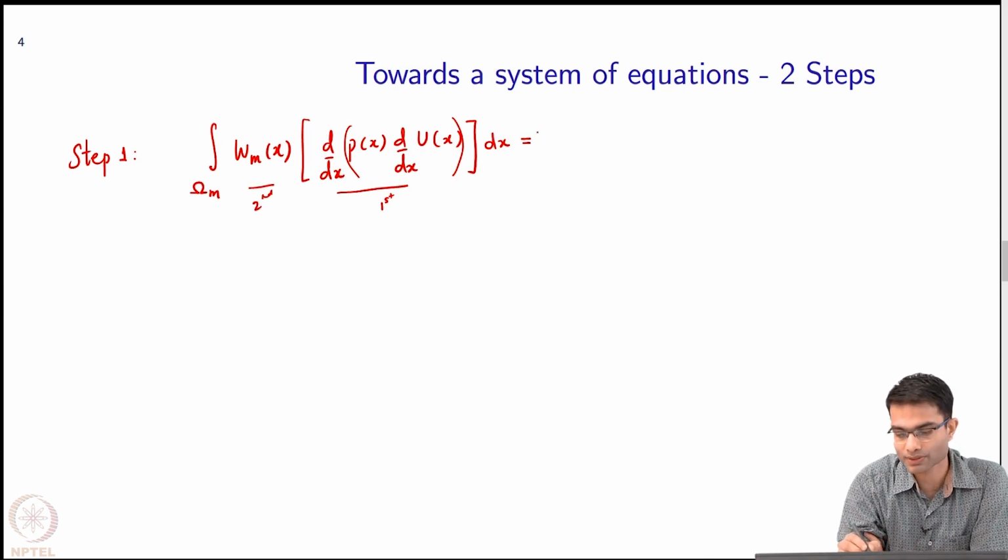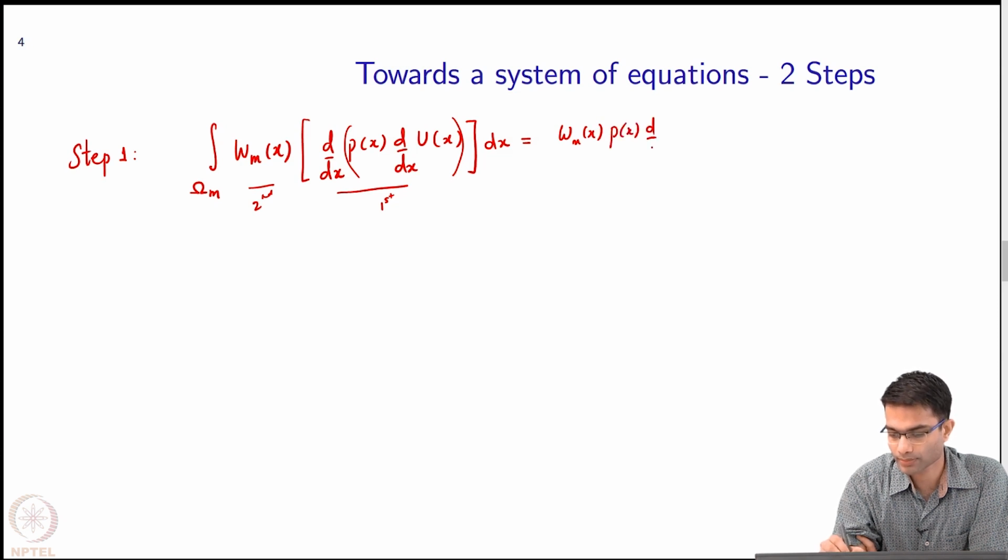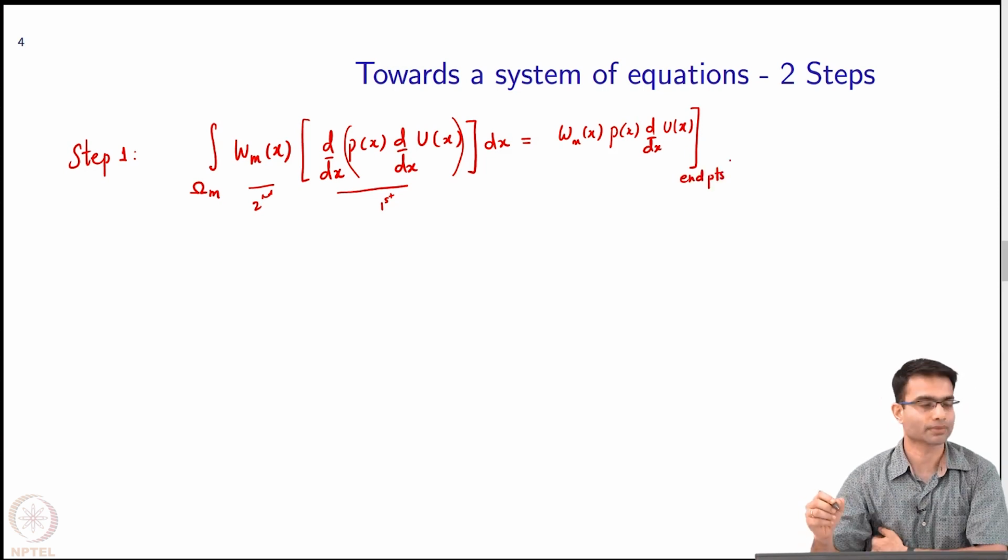So, what happens to this term? The first term will simply become, so this w will remain as it is, this becomes p(x) d by dx of u(x), evaluated at the end points, the limits of integration basically.